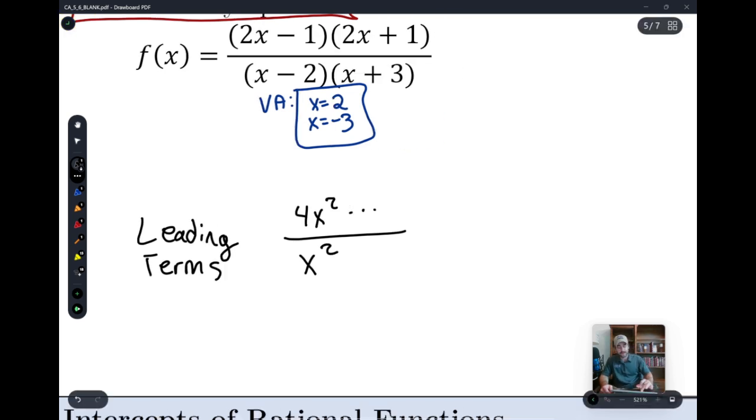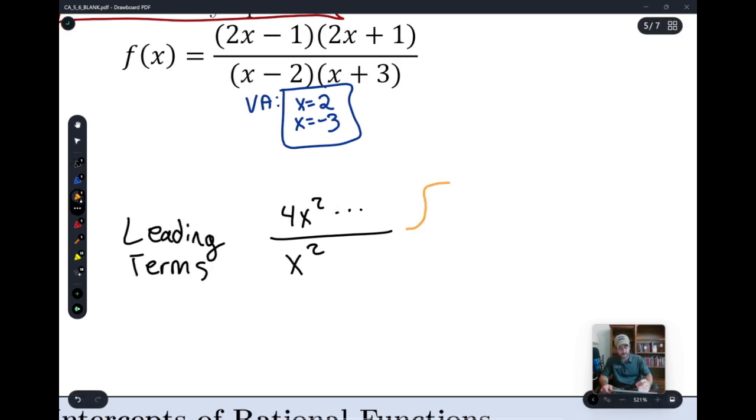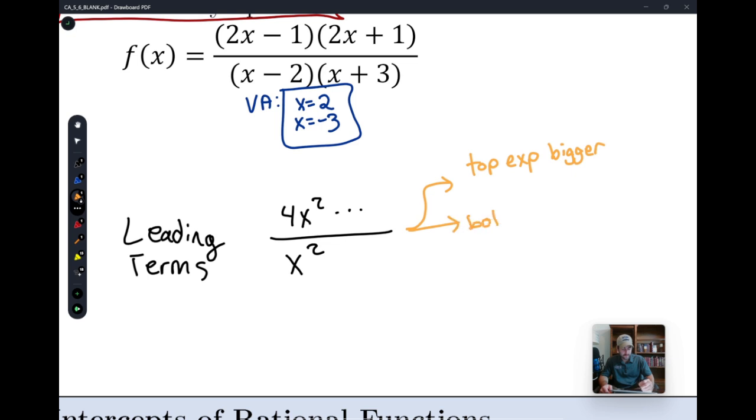All right, and now we have 3 options that we have to pick between. We have top exponent bigger, bottom exponent bigger, or same exponent.